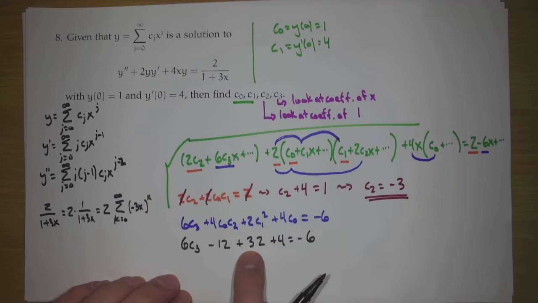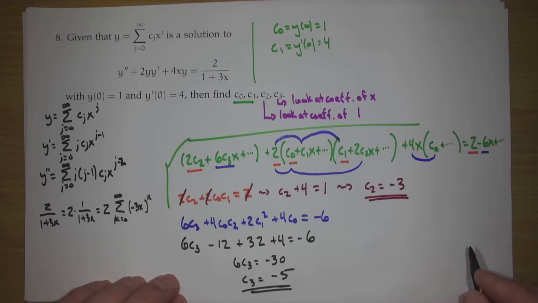So minus 12 plus 32 makes plus 20. That's then plus 4 makes plus 24. So 6c3 equals negative 30. So c3 is negative 5. So the answers, c0 is 1, c1 is 4, c2 is negative 3, c3 is negative 5.